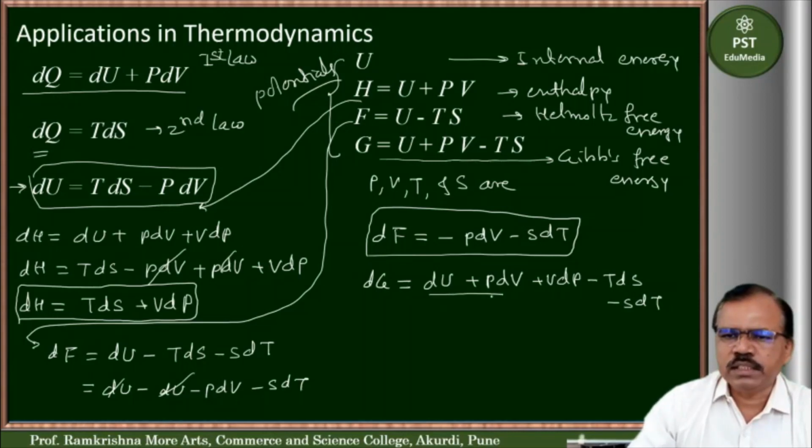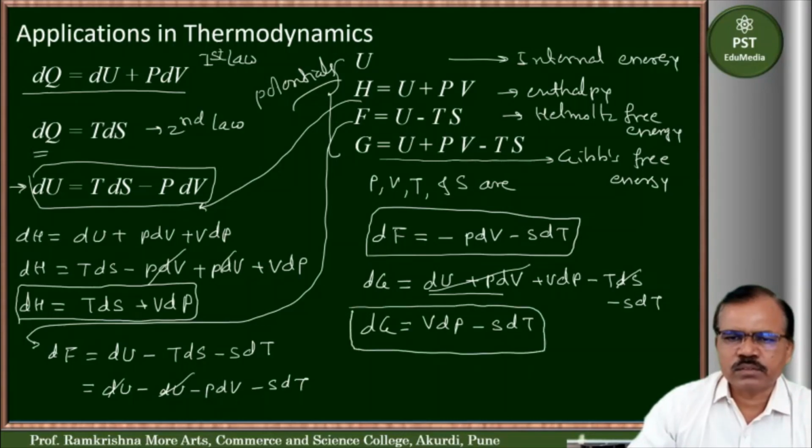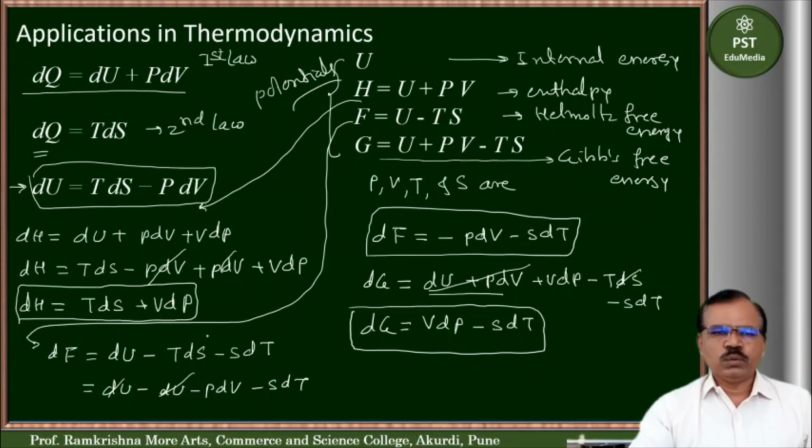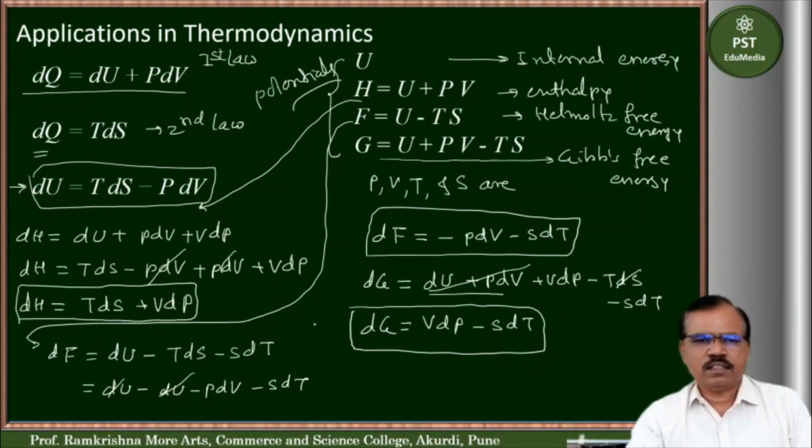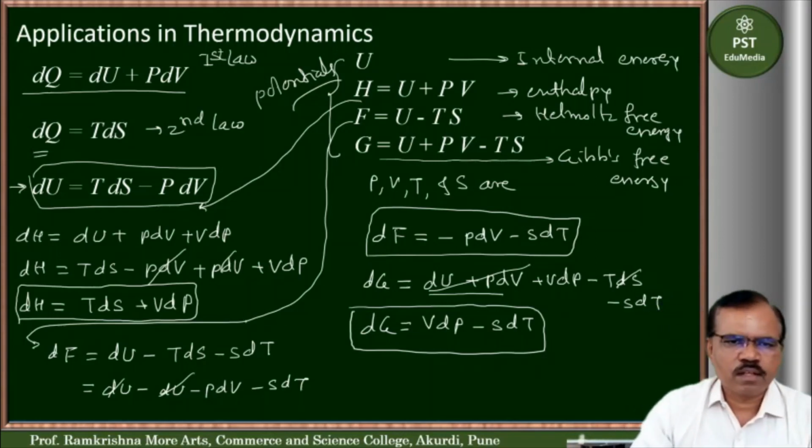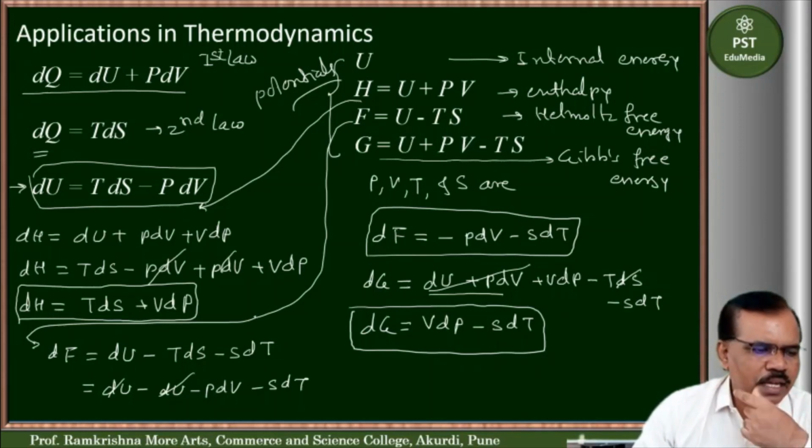So this one will cancel with this. So we will get vdp minus sdT. So we got these four differentials: du, df, dg and dh.